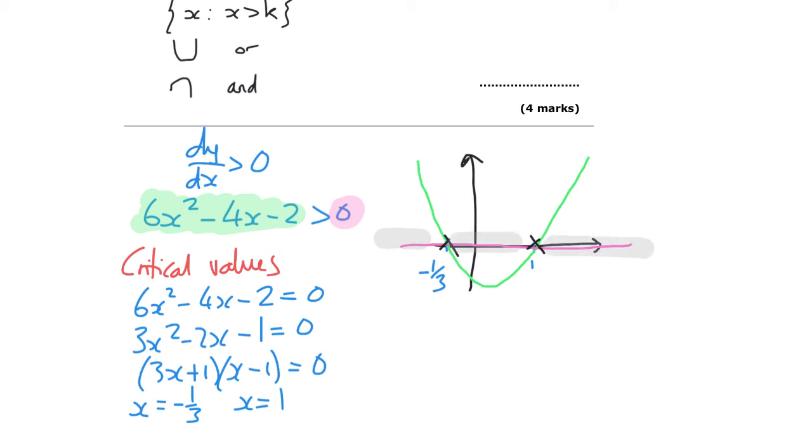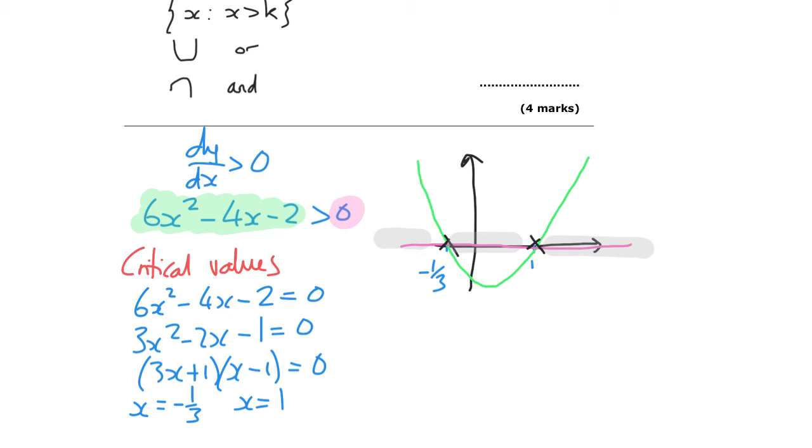So my values for x have been split into 3, and I want the sections where the green graph is bigger than the pink graph. By looking at the inequality, it says green is bigger than pink. Well, if I'm on this part of the x-axis, the green is up here, the pink's down here. So this section works.